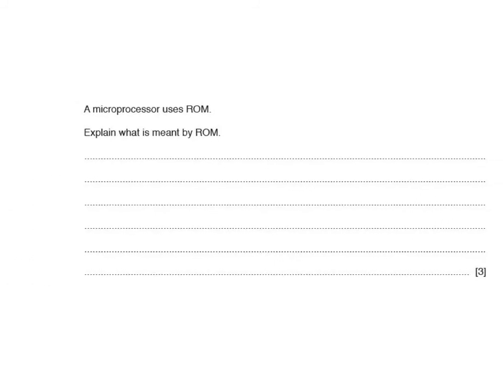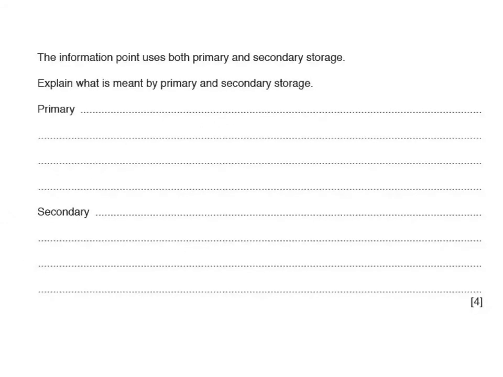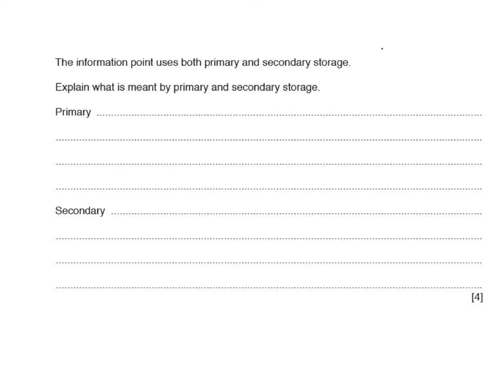ROM, we already talked about, it's permanent, it stores the BIOS, it's non-volatile. Read-only memory, we can't write to it, and it stores the startup instructions for the computer system, and it's primary memory. And again, we can see that this question's been before, what's the difference between primary and secondary?